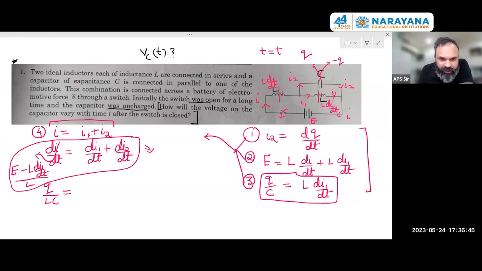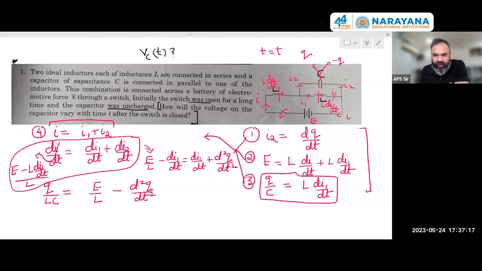What you are going to get from here is E by L minus di1 by dt is equal to di1 by dt plus di2 by dt, and that di2 by dt term is d2q by dt2, right? And now Q by LC is di1 by dt, which is E by L minus d2q by dt2, divided by 2.